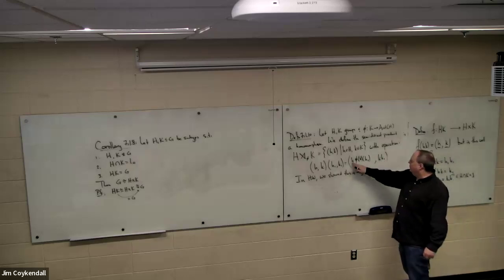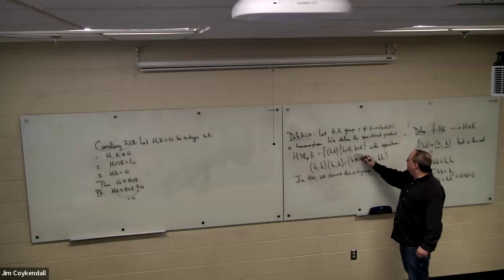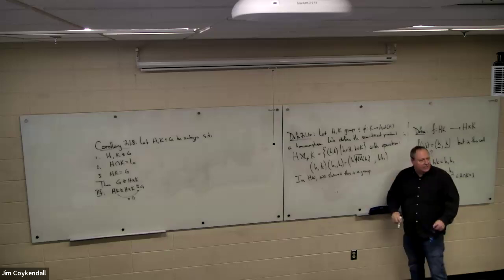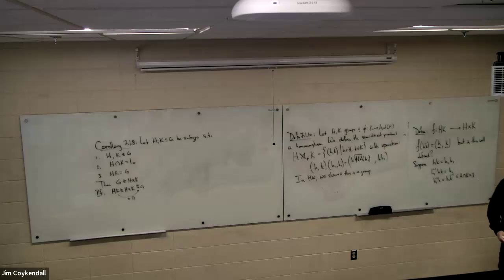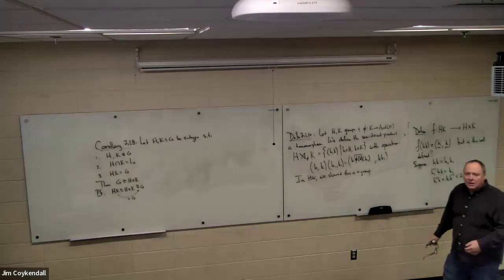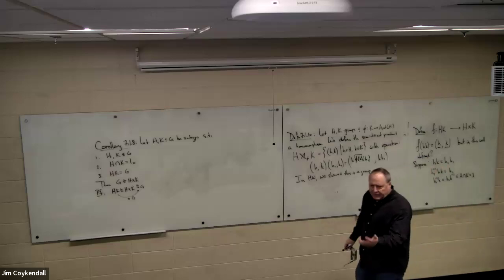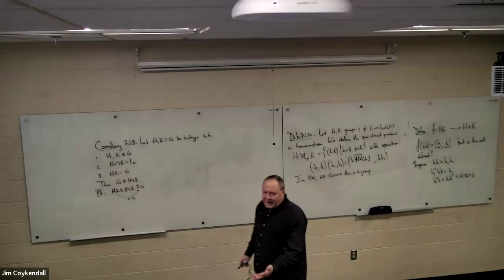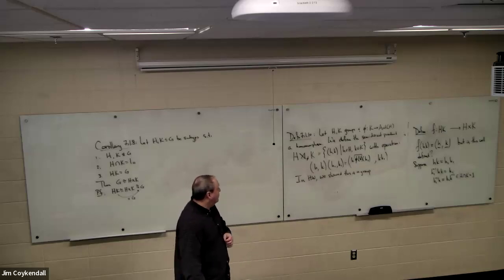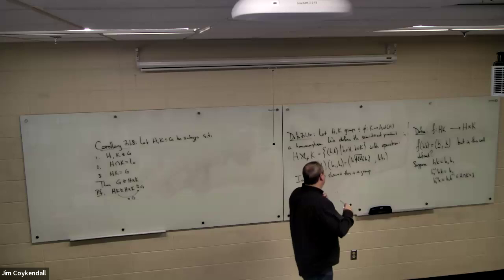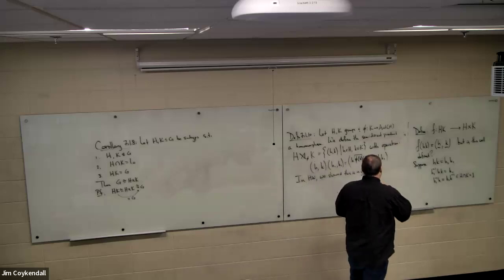And the first coordinate is something in H, and then this thing right here is an automorphism of something in H, so this is again in H. So at least this gives something that has a first coordinate in H and a second coordinate in K. What is not clear is, for example, whether this is associative. What is the identity? What is the inverse? And you did that in the homework. This actually forms a group.